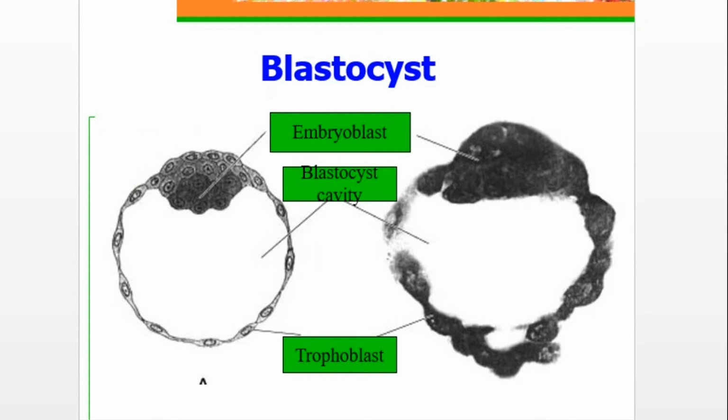As a result of unequal cleavage, we have formation of two types of cells: an inner mass of large dark cells, which will give rise to the embryo body, and outer cells, which are small and light cells, which will give rise to formation of the trophoblast. On the 5th day after fertilization, at the stage of the blastocyst, the embryo enters the uterine space, where from the 6th till 7th day implantation happens.